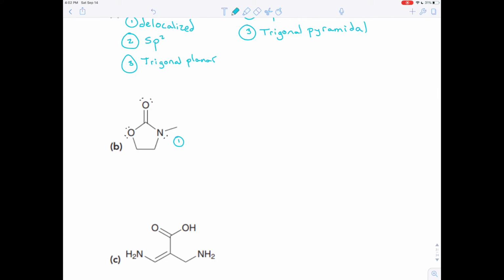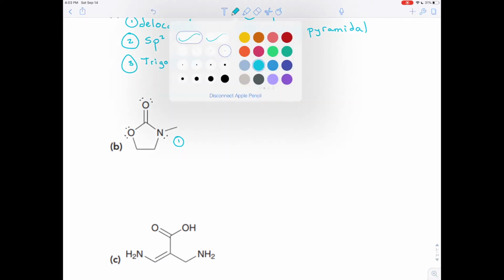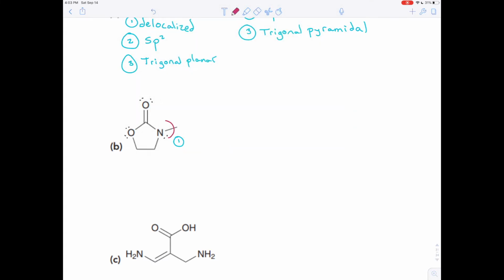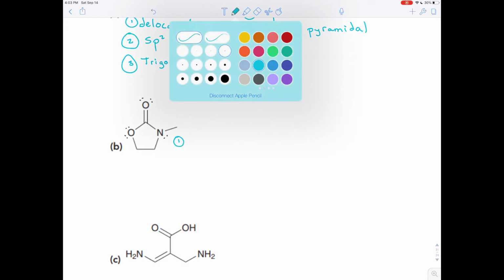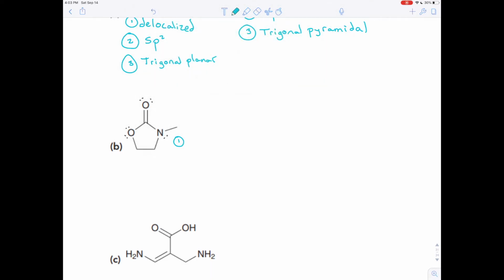Is this lone pair involved in any resonance patterns? It is. It's one atom away from an atom in a double bond. So it is an allylic lone pair, and it's going to spread out. We saw the pattern for that as it goes here, and it kicks those electrons up. So those electrons move or spread out over multiple atomic locations. So that is delocalized.